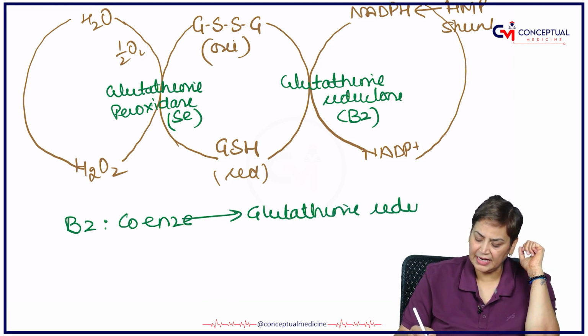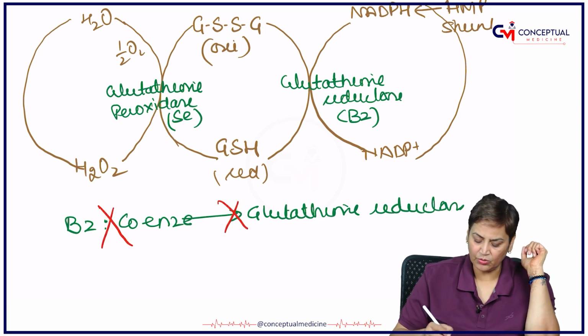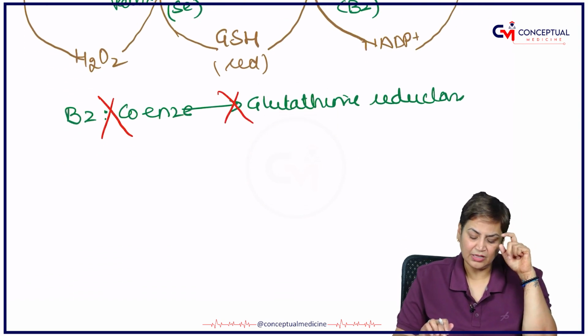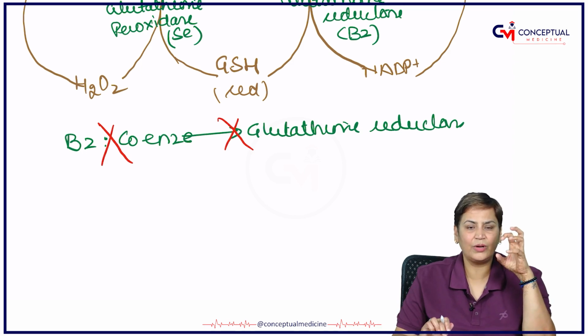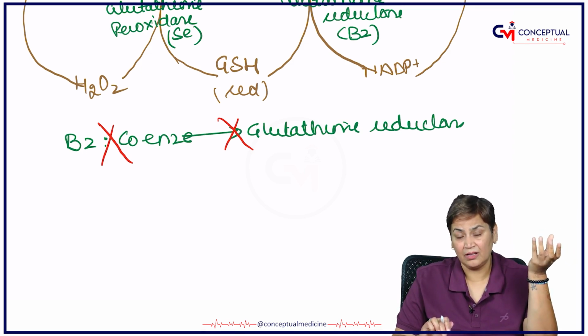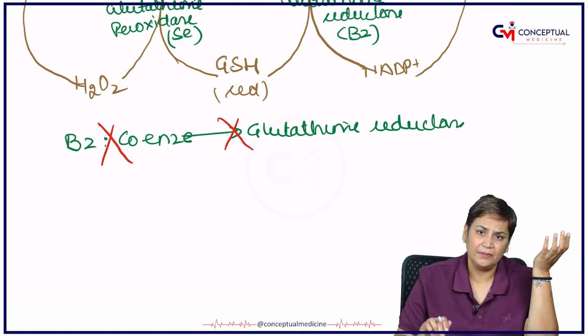So if a deficiency of this vitamin is there, that means this enzyme cannot work. If glutathione reductase cannot work, obviously the fragility of the RBC membrane will be there. The membrane of RBCs will become more fragile.